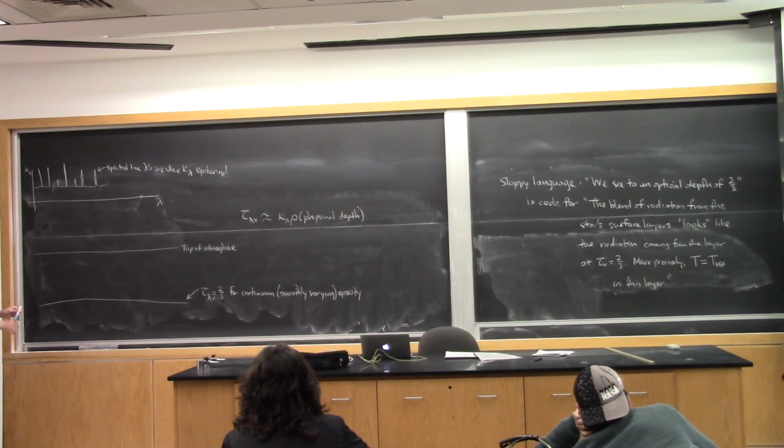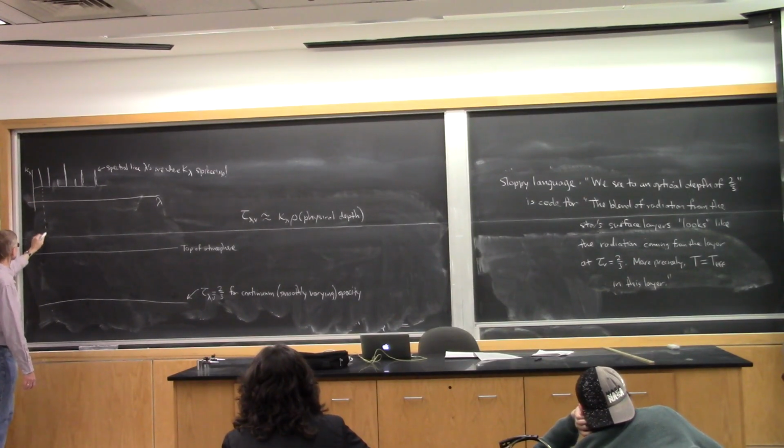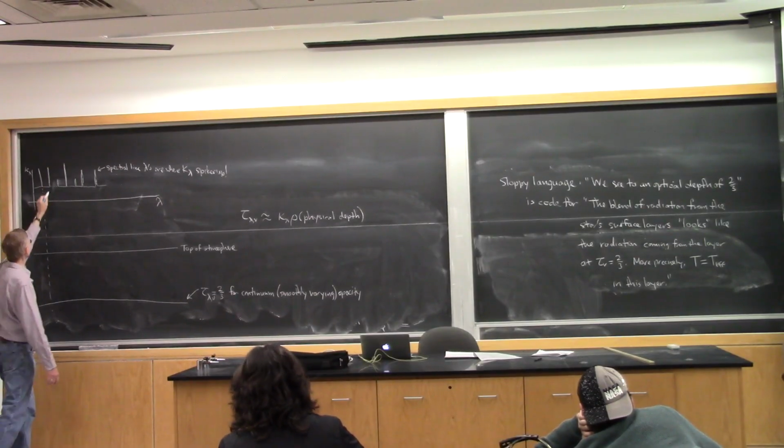And so, if I plot the tau lambda v equals 2/3 level for the actual opacity, every time there's a spectral line wavelength, it jumps to higher in the atmosphere.